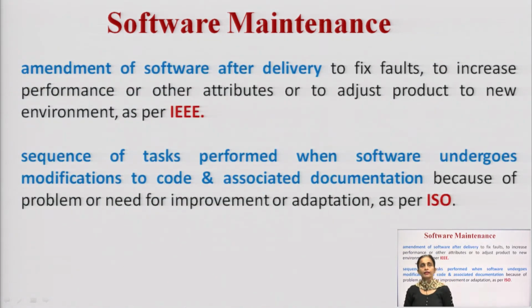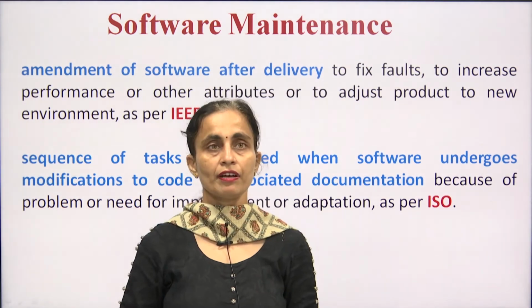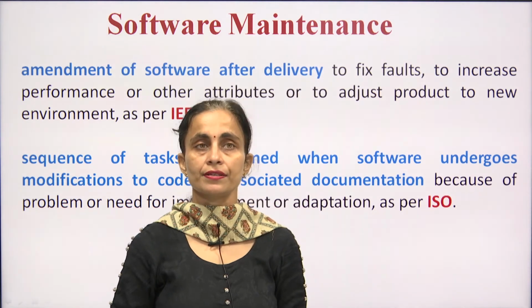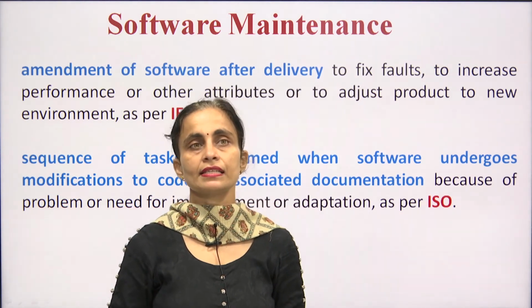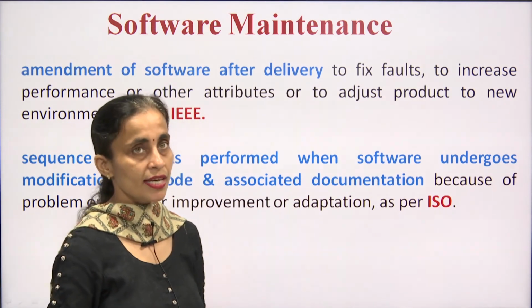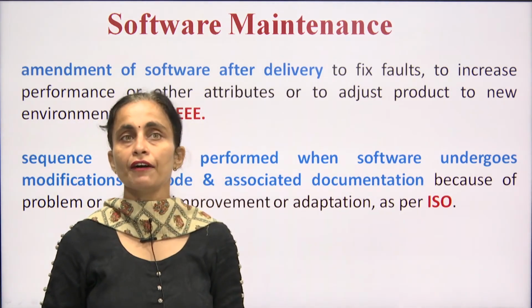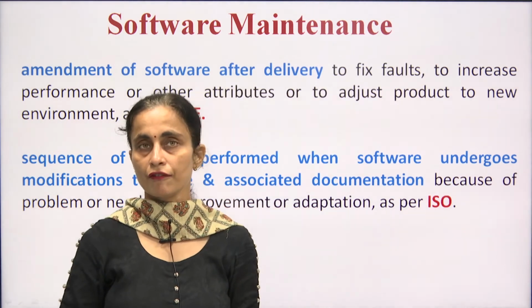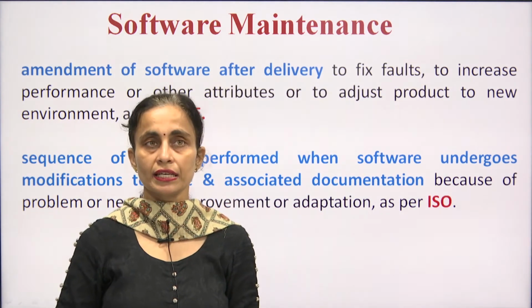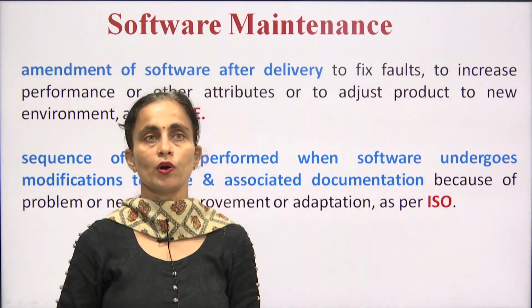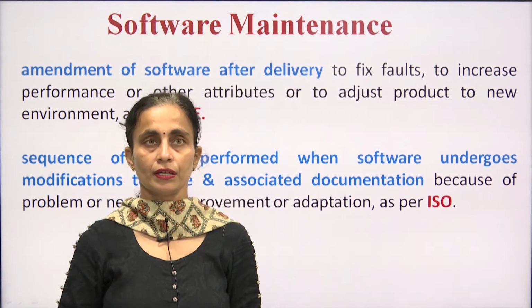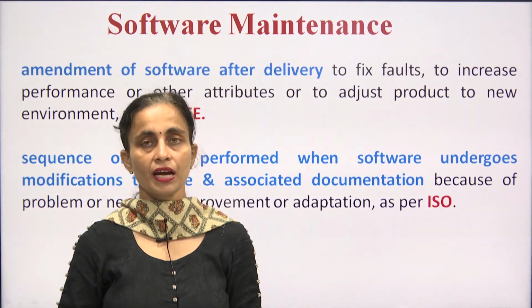There are standard definitions of software maintenance given by IEEE and ISO. As per IEEE, software maintenance is defined as the changes to software after delivery to fix the faults, to increase the performance and other attributes, and to adjust my product to the new environment. That is the definition as per IEEE.